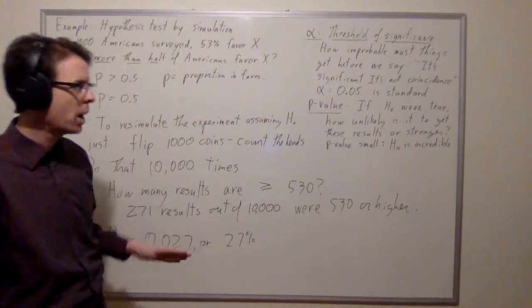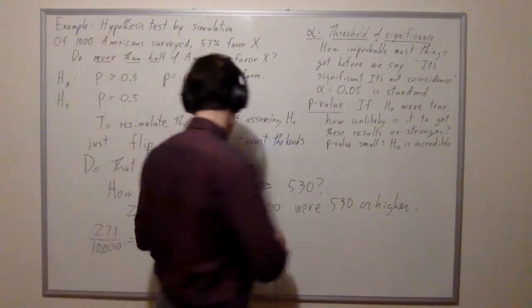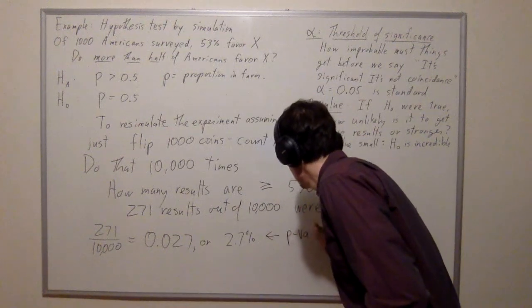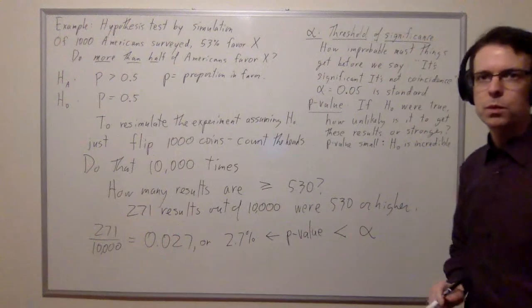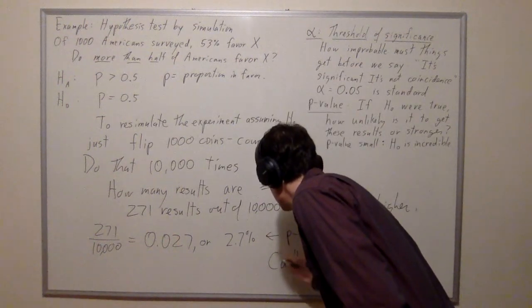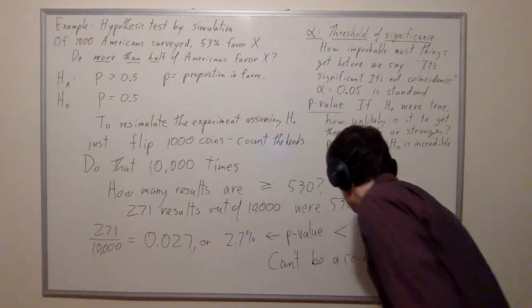And so this will justify us saying, gosh, that can't be a coincidence. So here, the p-value is less than the alpha value. And so what we're going to say is basically, that's so rare, that can't be a coincidence.